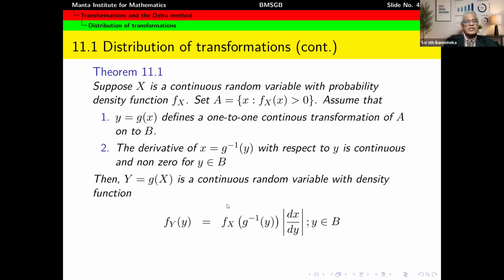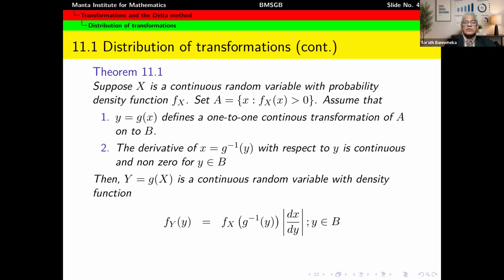If these two conditions are satisfied, then Y equals g of capital X is a continuous random variable with a density function given by the formula here. f_Y evaluated at small y is equal to f_X evaluated at g inverse of y times the absolute value of the derivative of x with respect to y, when small y is in the set capital B. So this is the theorem.